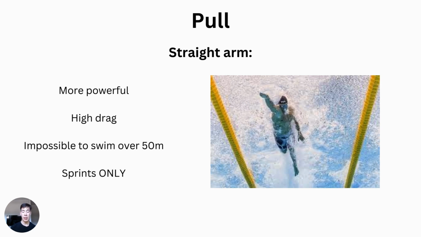The way this works is that your shoulder acts as a fulcrum and your hand is the lever. And because your hand is so far away from your shoulder, you require so much more force to pull your hand through the water. But yes, your stroke is more powerful, but at the same time, it's really easy to tire out. So this is why we only see this sort of stroke used in 50-meter freestyle events.